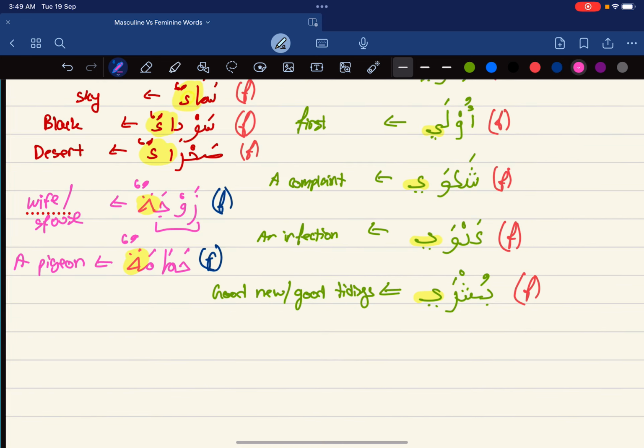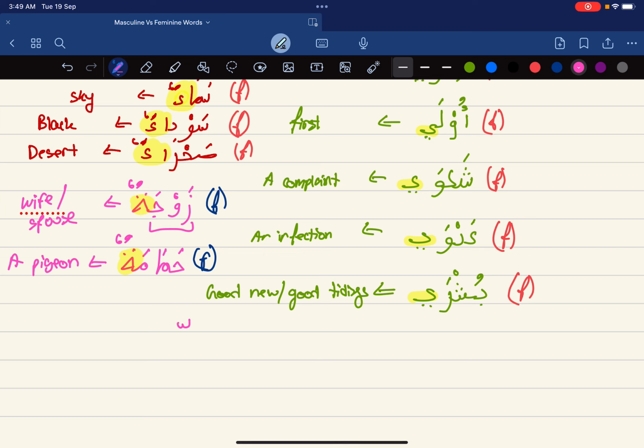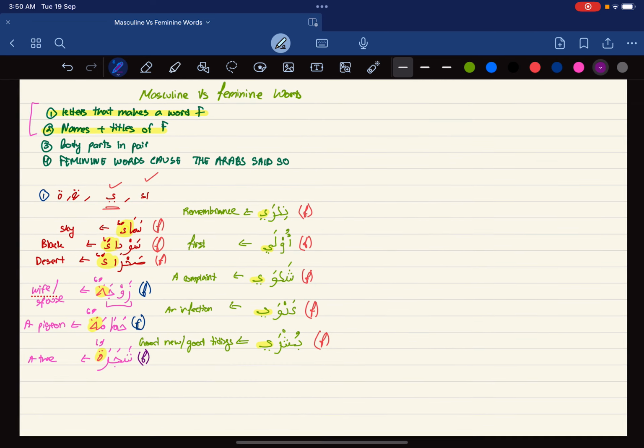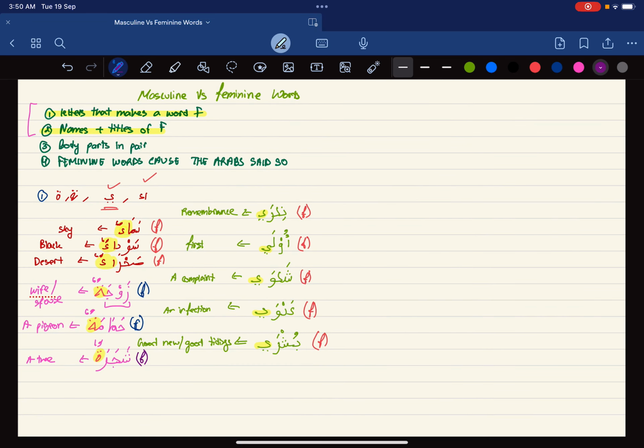Okay, another common word is shajaratun. What does the word shajara mean? A tree. And it ends with a ta marbuta, so we can assume it's a feminine word. Okay.